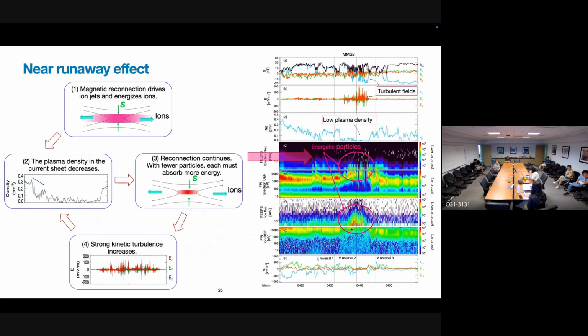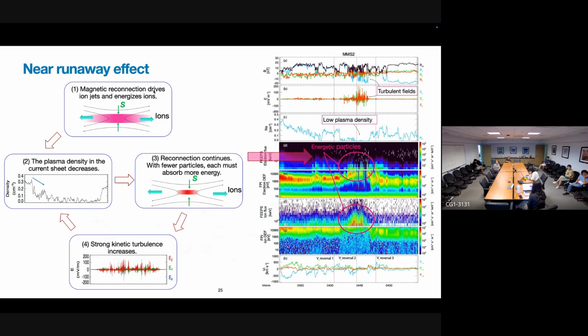But when they're energized, sometimes you will see a population at the high energy part showing up. So the total particle distribution is no longer Maxwellian, and we refer to those energetic particles as the non-thermal tail. So how can we have those energetic particles with reconnection in turbulence is the question.